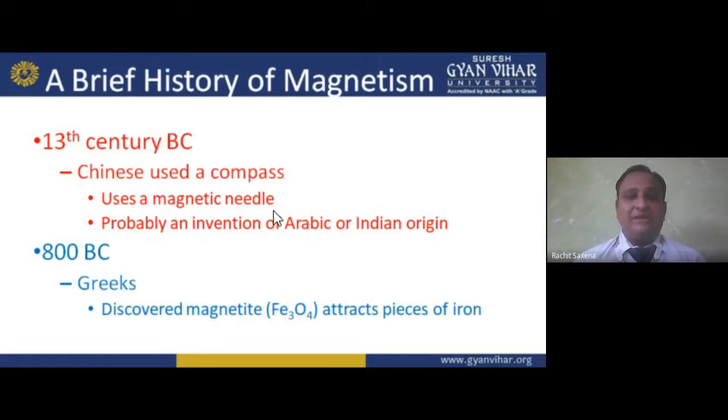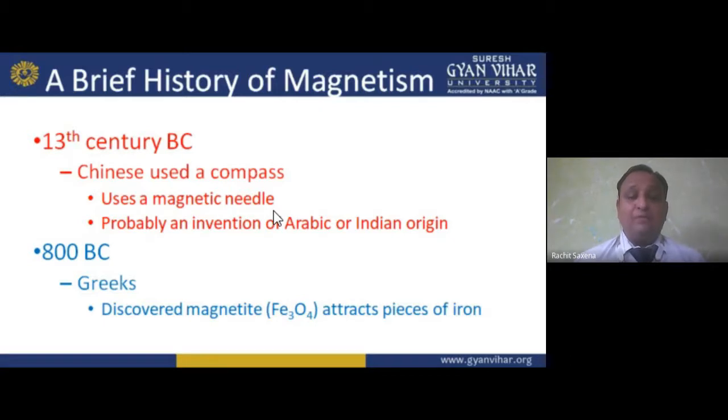We can say a bar piece having a force of attraction and repulsion. Repulsion means repel, attraction means attract. In my previous lectures I already told you about attraction and repulsion. Now we are going to study the history of magnetism.